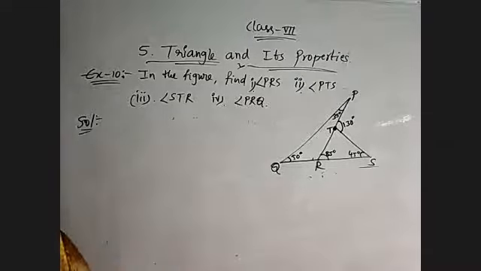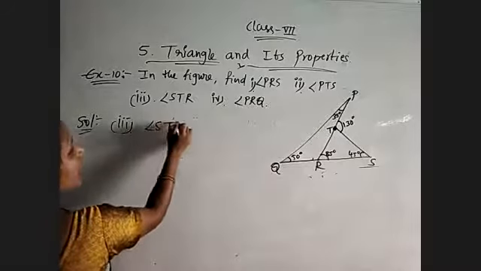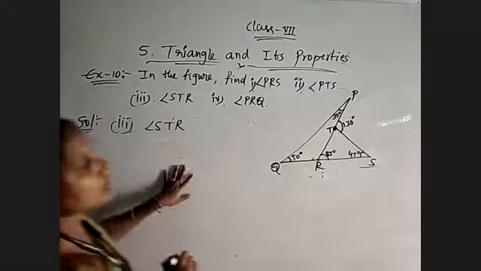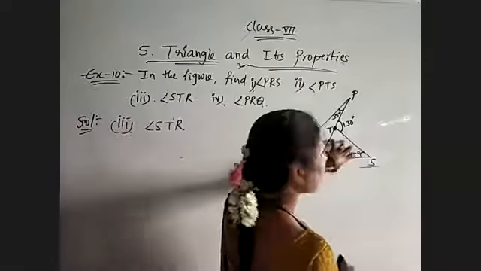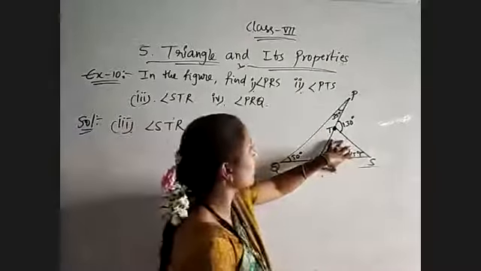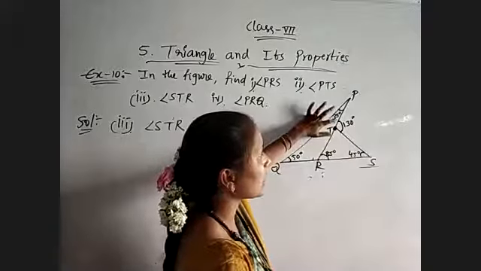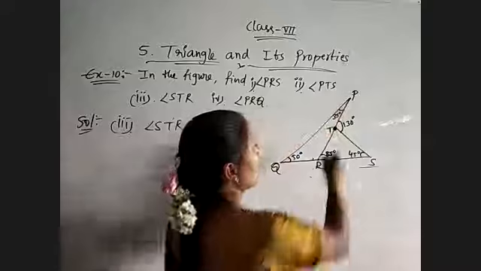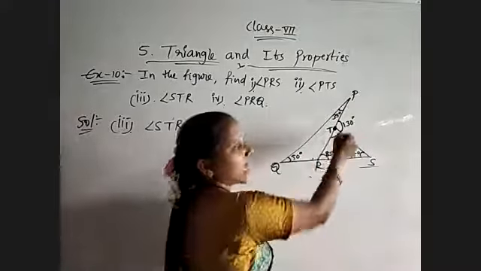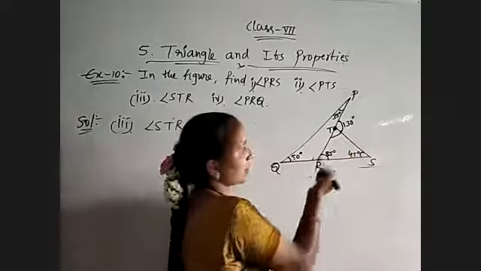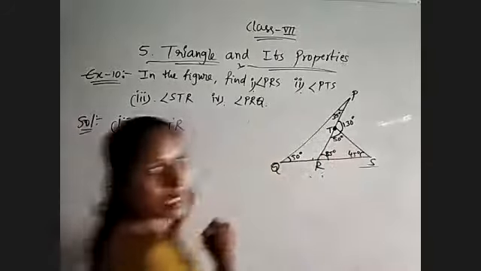Observe the third problem. Here we are finding angle STR. So observe angle STR. By using triangle TRS, using the angle sum property, we can find out angle T. Otherwise, by taking the linear pair, that is here, RP is a straight line. So at T, the sum of those two angles will be equal to 180 degrees. They are forming a linear pair. So from that, we will get it is equal to 50 degrees.